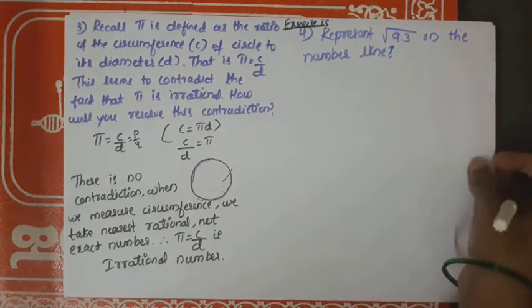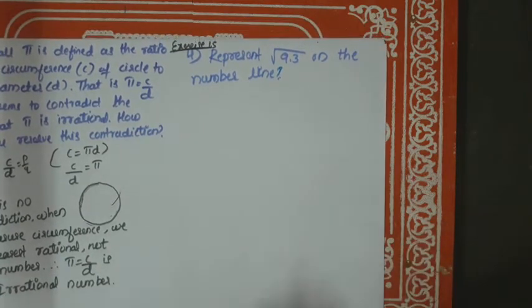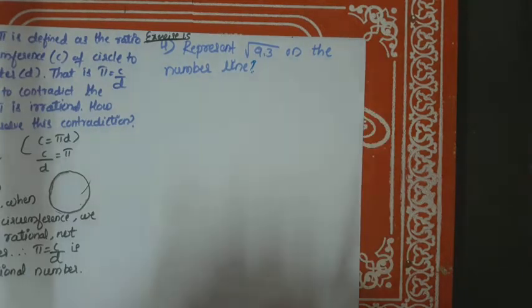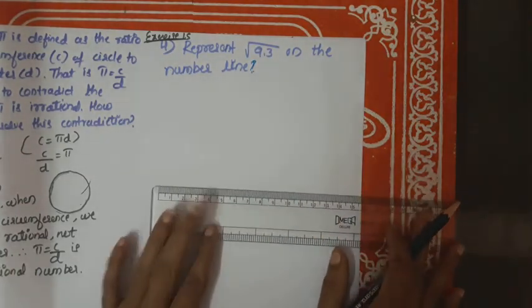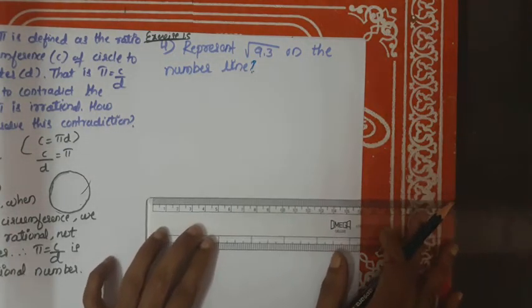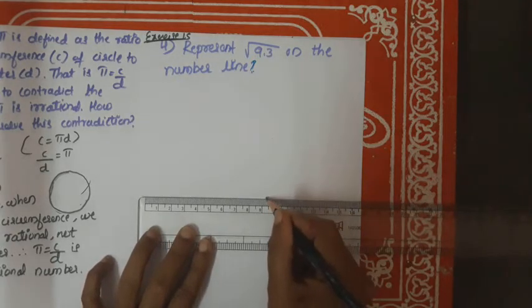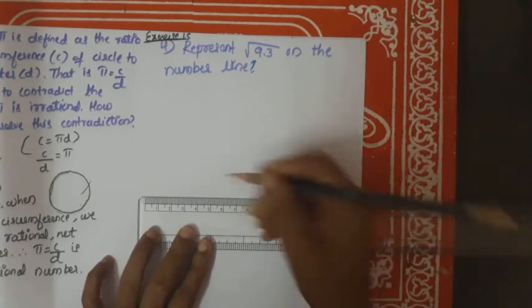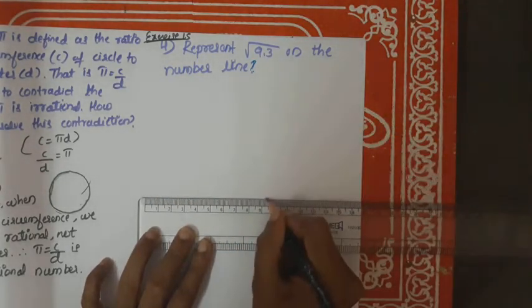Okay, then let's move to the second question. Here, represent root 9.3 on the number line. So in this question, draw a line of 9.3 centimeters. Draw a distance of 9.3 centimeters. I mark it here and draw a distance of 9.3.